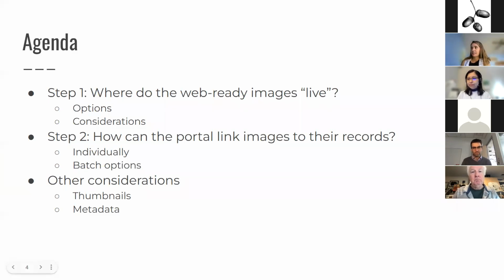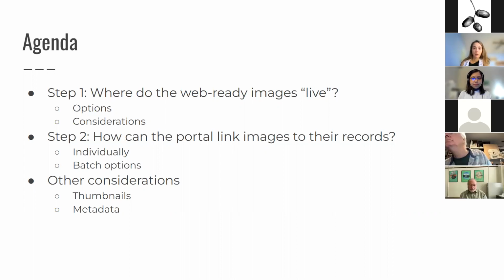So the agenda is, there are two main steps when you're thinking about getting images into a Symbiota portal. First is, where do the web-ready images live? There is going to be a place that these images are physically or electronically located, and that might not be the same as where your data live. I'll talk about that a little bit more.